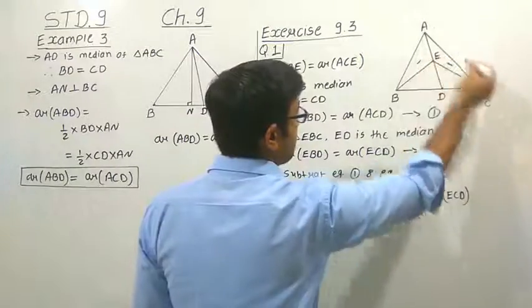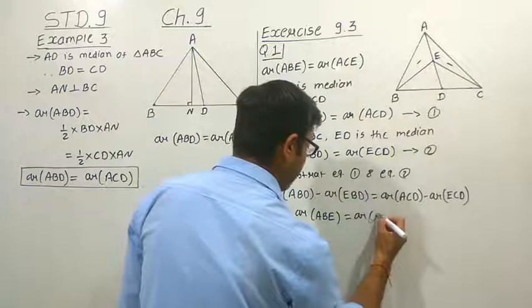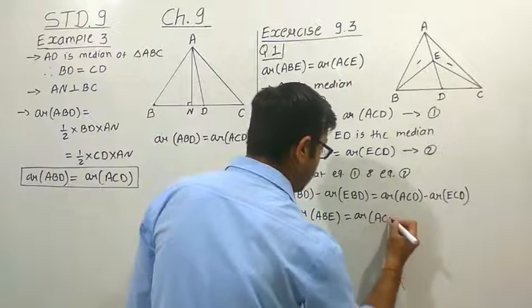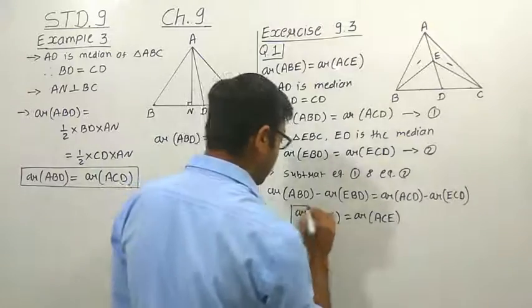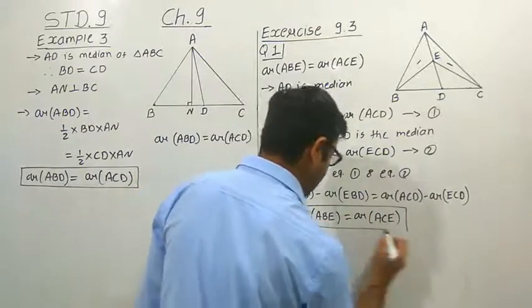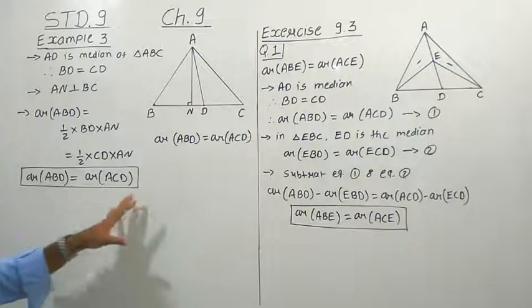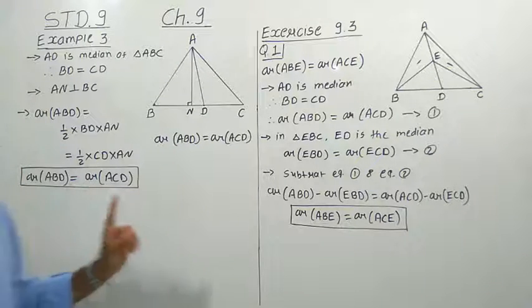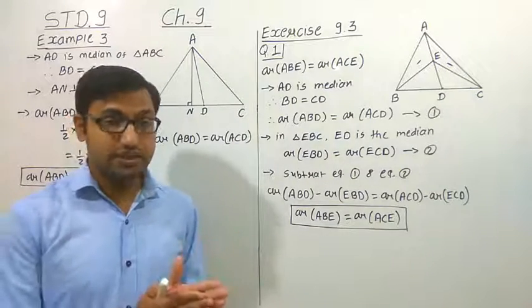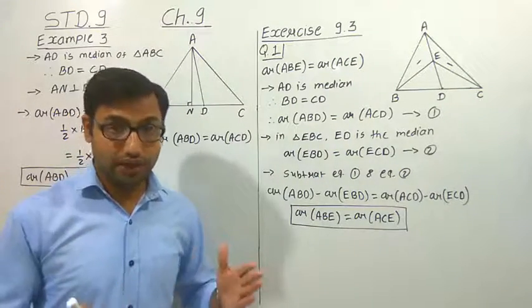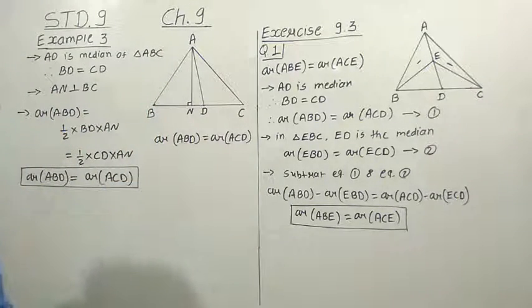That means the remaining area is ACE, area of ACE. And that is the required result. Right? So what is the concept here? The concept is that if there is a triangle and we draw the median, then the median divides the triangle into two triangles which have equal areas. So that is the concept that we have to keep in mind.